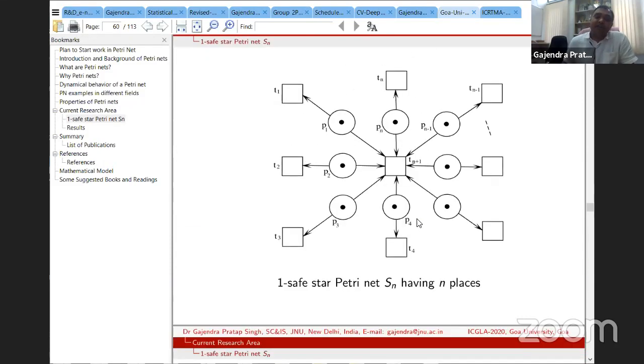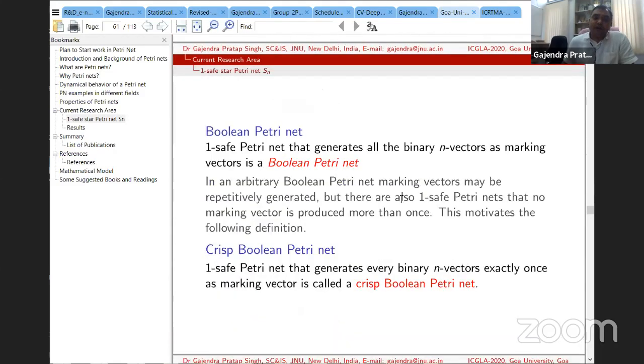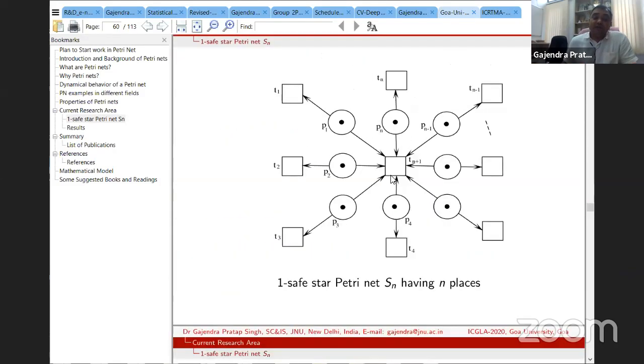Then we found some results here. If we fire all the transitions, we get all the binary n-sequences, all the 0-1 sequences, possibly sometimes repeatedly or exactly once.